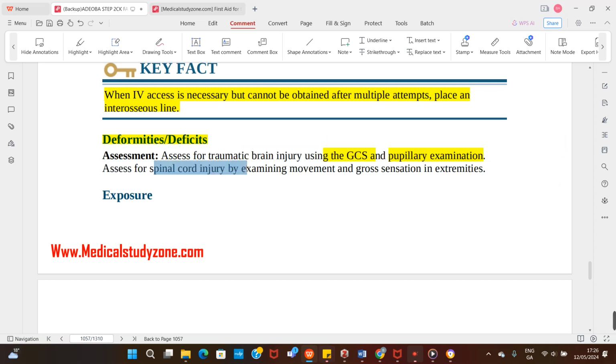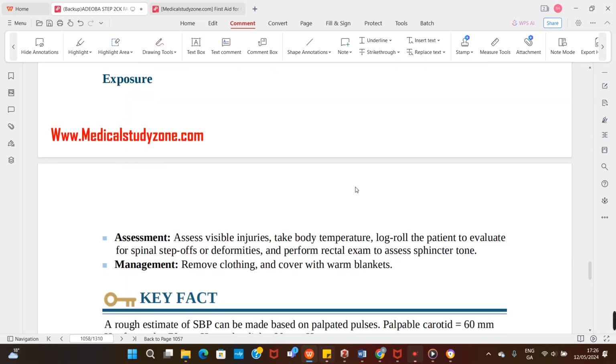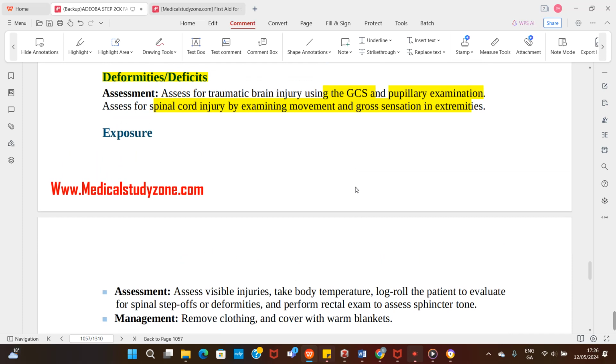Then for the spinal cord function, you want to check for the motor and the sensory in the extremities so that you can have the sensory level or know which areas of motor movement are compromised. That is just about your deformities and your deficits. Just the GCS, the pupils, your motor, and your sensory function.